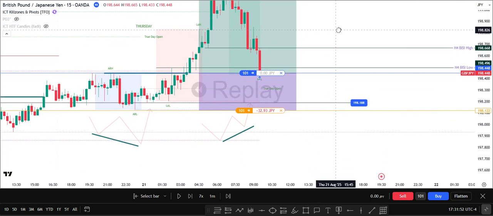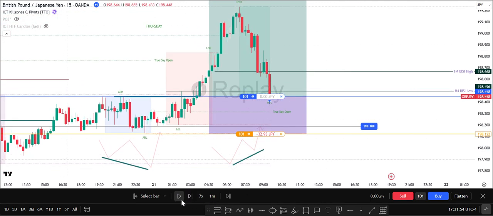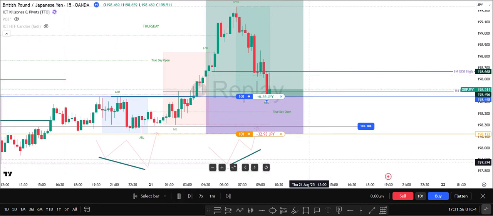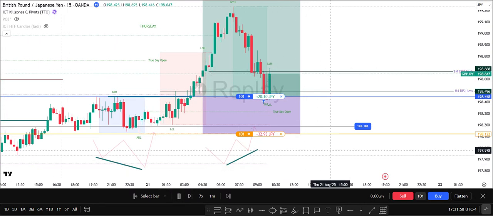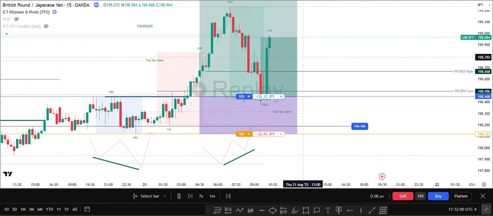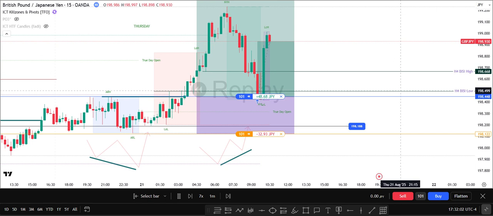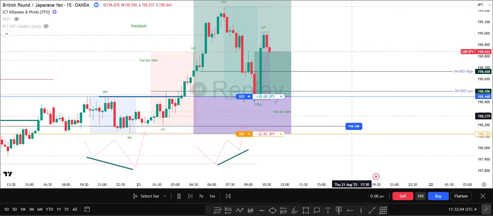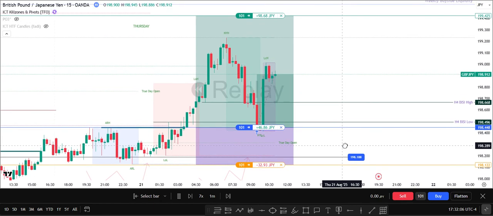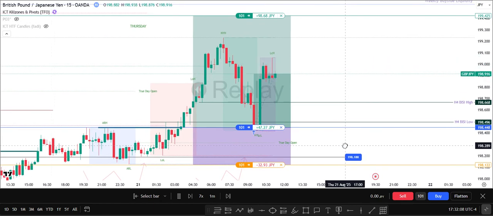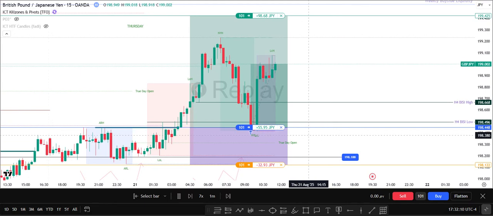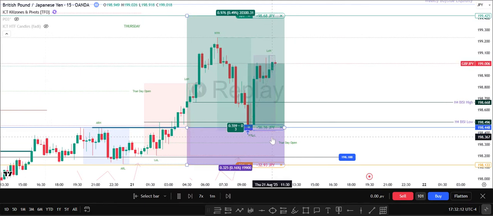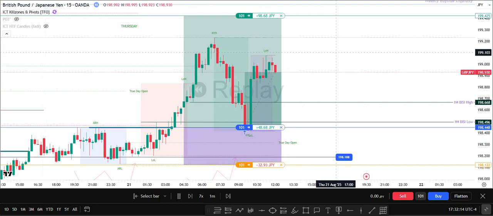So you can see where my entry should have been, because yeah, I missed this entry, but I did enter on the retrace of the BC. So that is a risk to reward ratio of 3.